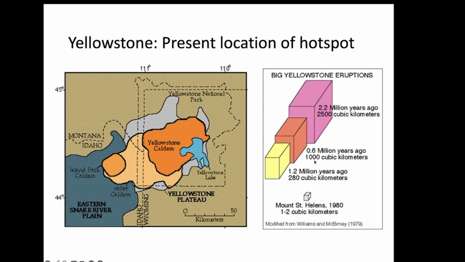This is 1,000. Now, the Mount St. Helens eruption in 1980 was a pretty spectacular eruption, but it only put out 1 or 2 cubic kilometers. So we're talking about eruptions that put out 2 or even 3 orders of magnitude more material. We're kind of happy it doesn't happen while we're still around.